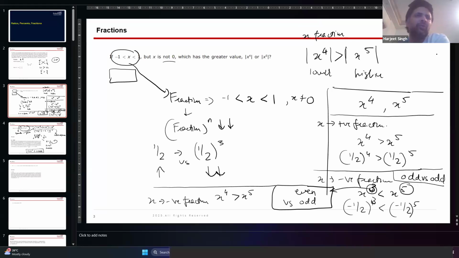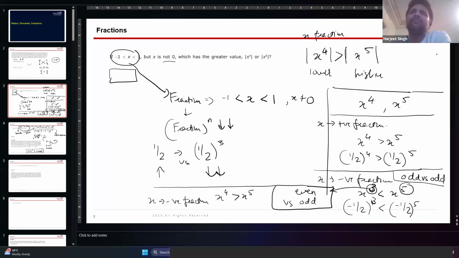Remember, yesterday we were doing quant comparisons in which D is also a possibility, which means it cannot be answered. Usually the answer is D when different scenarios give us different relationships. So to answer quant comparison questions, it's important to list out various kinds of scenarios which could possibly give us different answers.